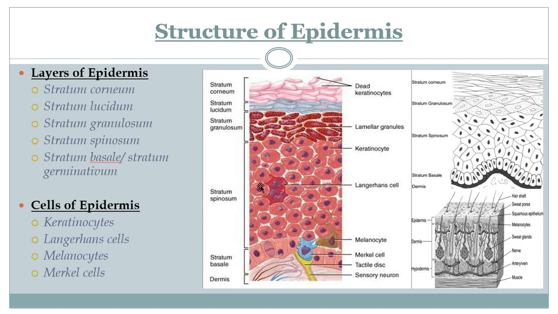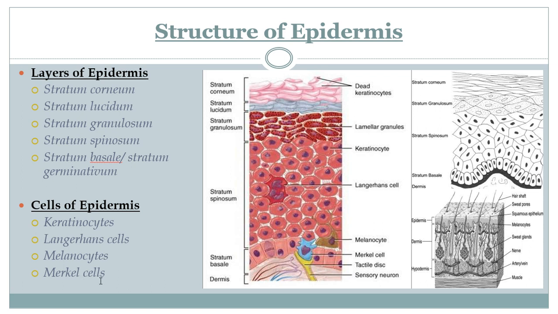The third type of cell is melanocytes. These are melanin producing cells located at the bottom layer of epidermis beneath the keratinocytes. And the fourth type of cells are Merkel cells.